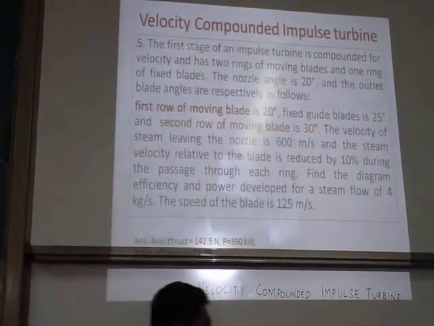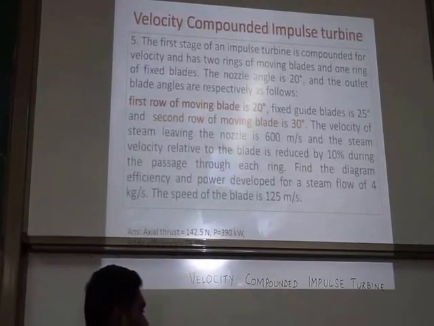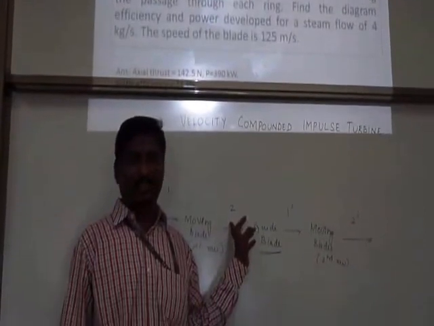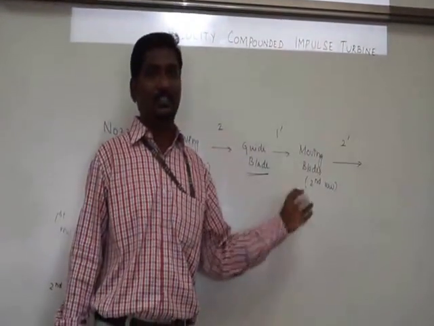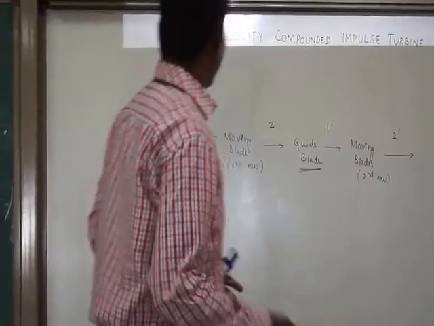The extra thing that we have here is 1 dash and 2 dash. In the case of simple impulse turbine, we used subscripts 1 and 2 for the inlet and outlet. So here it is going to be 1 dash and 2 dash for the second row of the moving blade. We will go to the problem now.